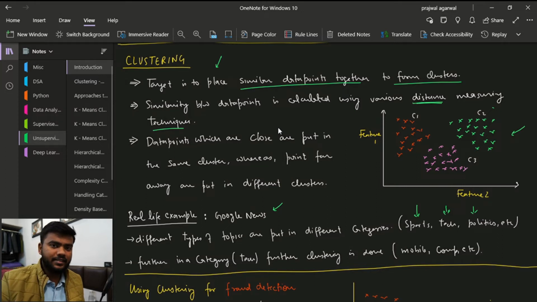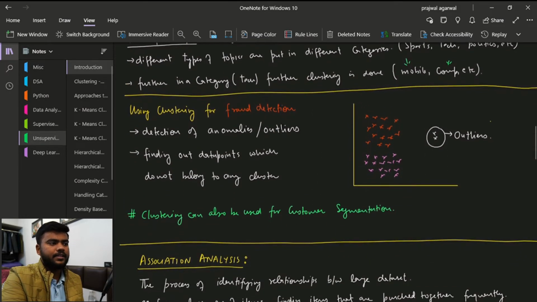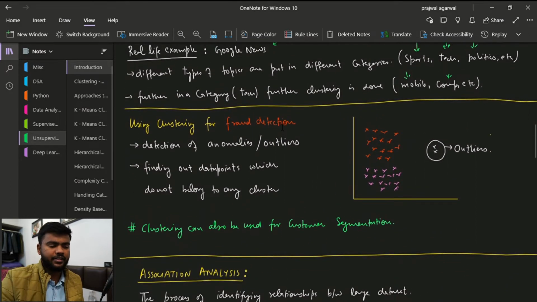Now inside the cluster of tech, we have a lot of other clusters. Inside tech we can talk about laptops, mobiles, televisions, headphones. A lot of sub clusters we can have inside a cluster. So this is what clustering is. Clustering is also used for fraud detection.